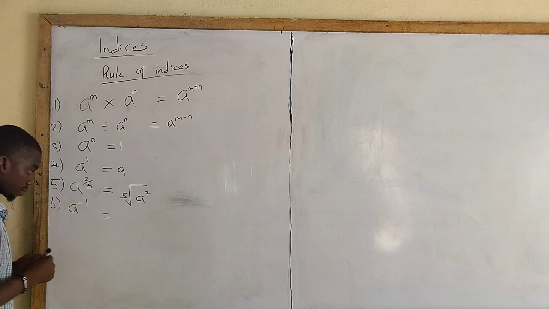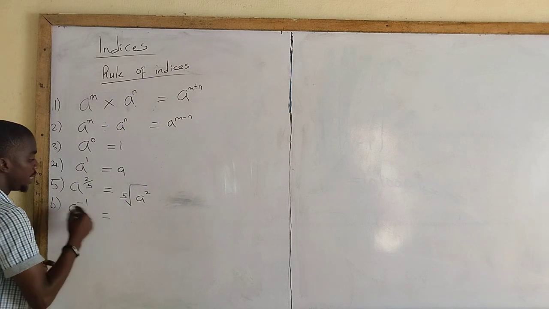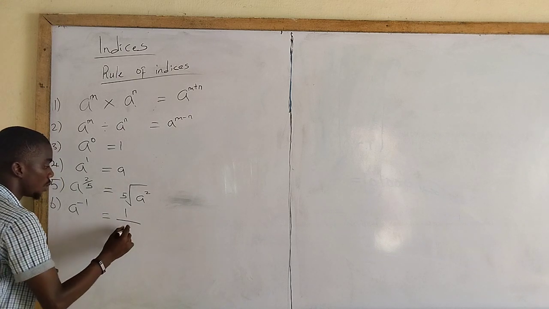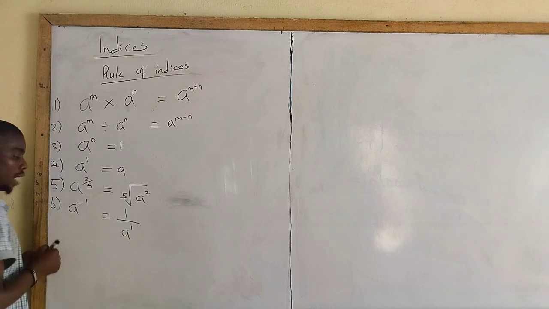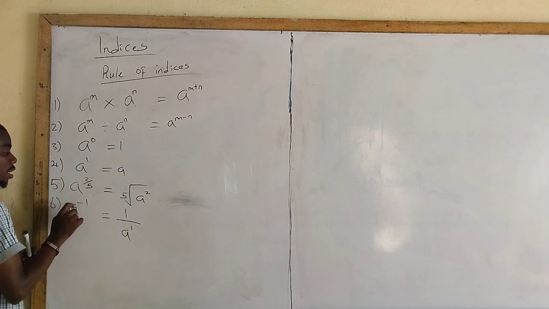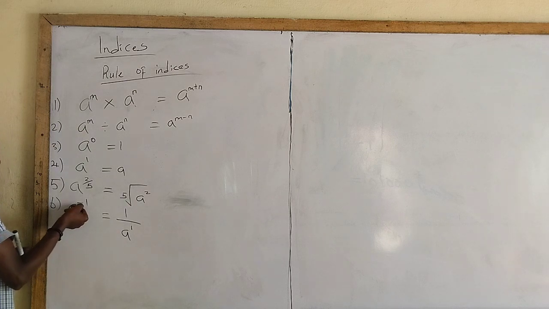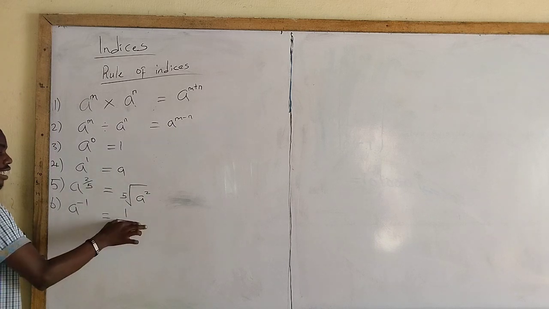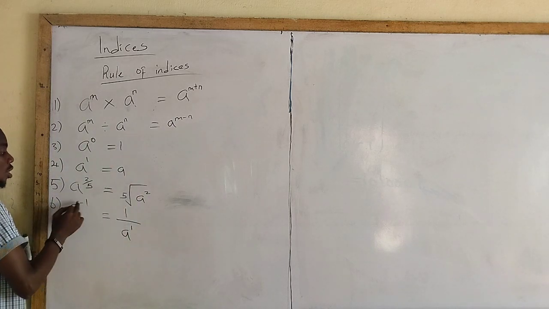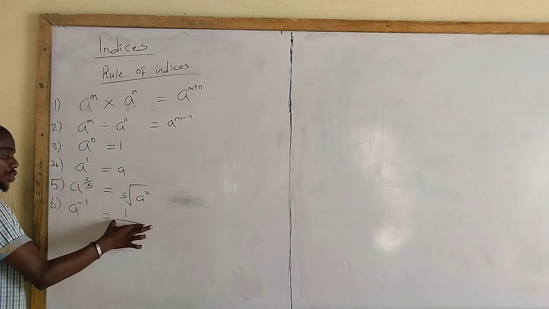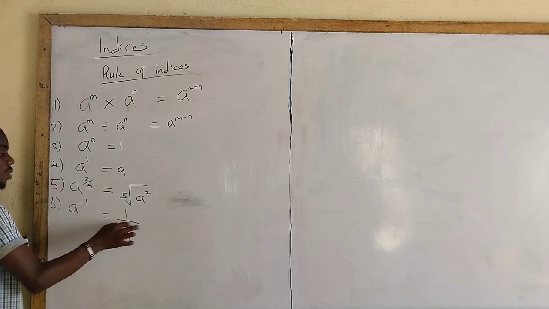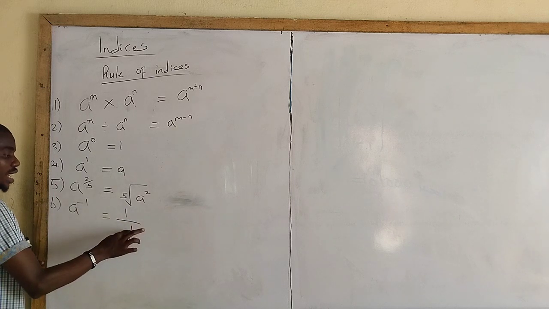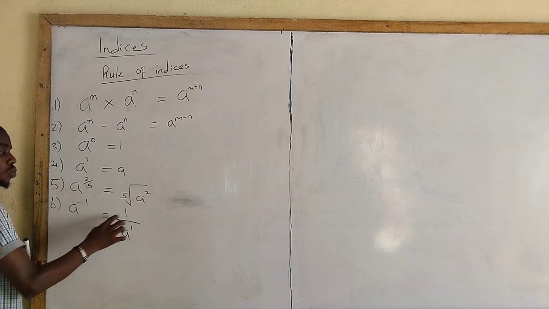It says that this is 1 all over a raised to the power of 1. Are you with me? The minus sign will turn to the division sign. Remember that in indices, division and subtraction are very related. Then the 1 will be the power.